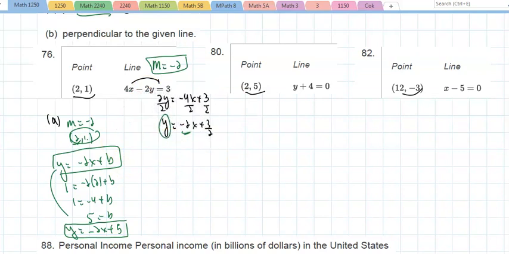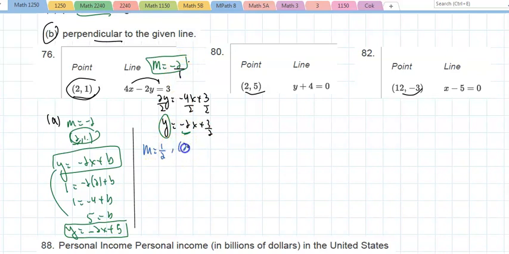I'm going to look at part B, and in part B, I want the line to be perpendicular. The point is still (2, 1), but if this is the slope, I know perpendicular lines will have negative reciprocals, so m will equal, multiply that by a minus and take the reciprocal.